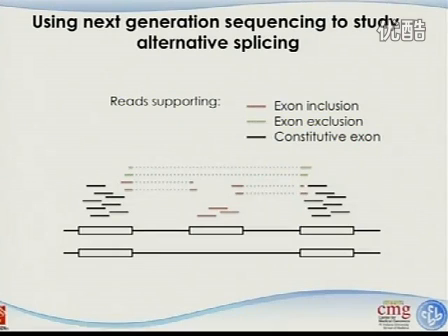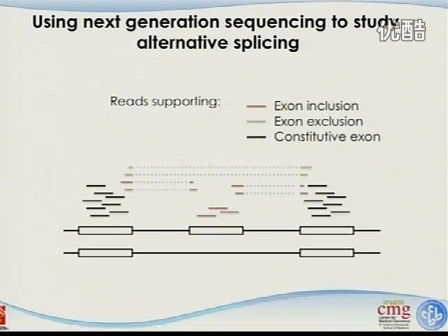And there are some reads, which are the red reads. They support the inclusion of this event. Think for a moment. So this exon is either in or out. If it's in, those red reads will be identified. And if it's out, the green reads will be identified.